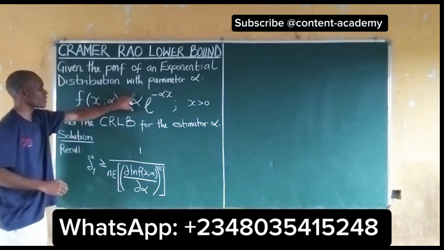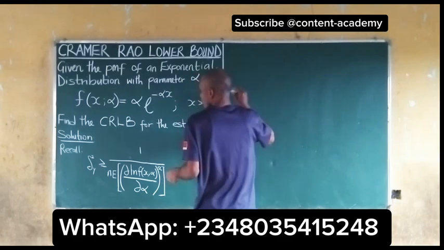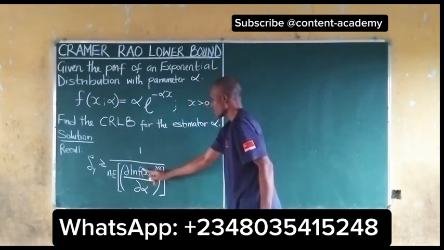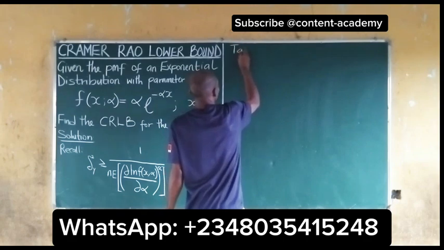And now we are given the exponential distribution. So the first thing to do is to find the log of this function, which is f of x, alpha. So we take the log.